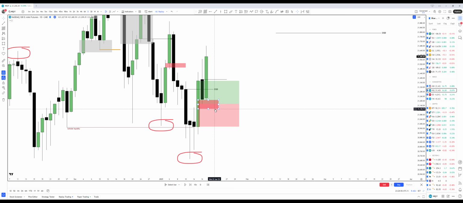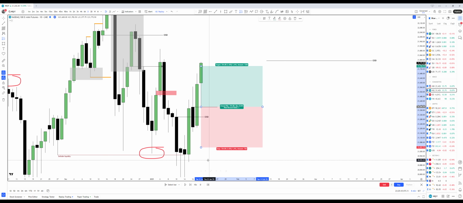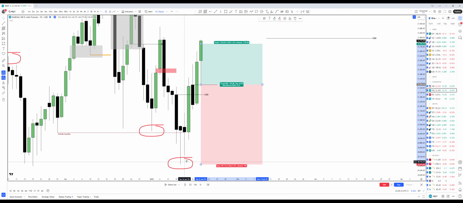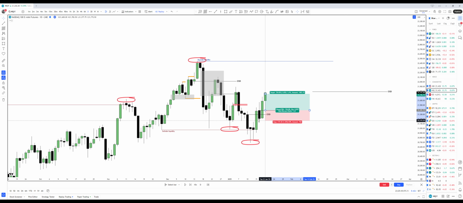So now when I see this, this will act as a breakaway gap for me because we retraced back into the range. We do not need more retracements, right? So now let's say for instance I entered here. My stop does not need to be right here. Price does not need to come back down here or here or here or here.